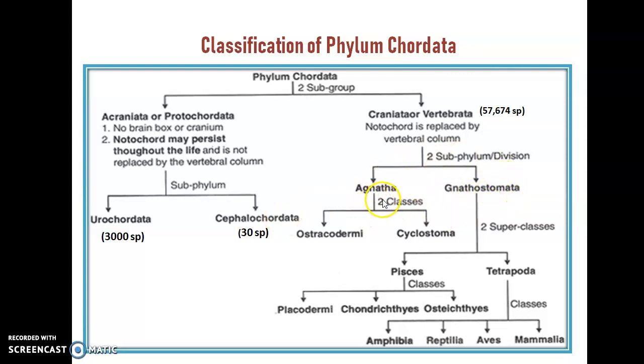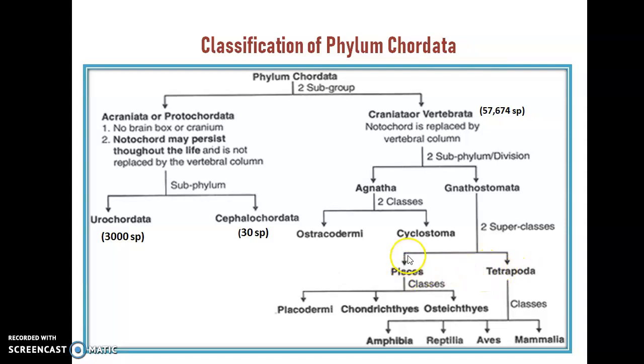Agnatha are again classified into two classes, Ostracodermi and Cyclostomata. Gnathostomata are classified into two superclasses, Pisces and Tetrapoda. Pisces includes the fishes, and Tetrapoda includes the four-limbed organisms.